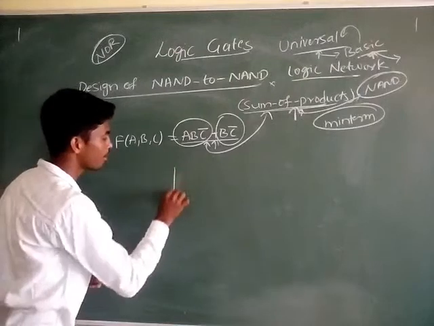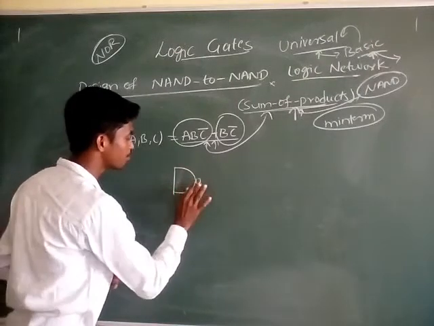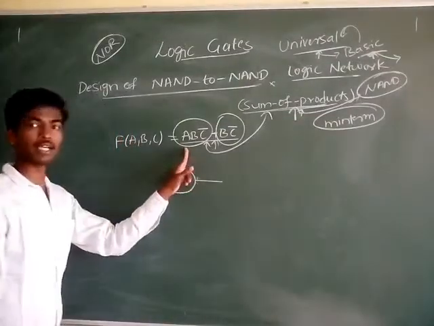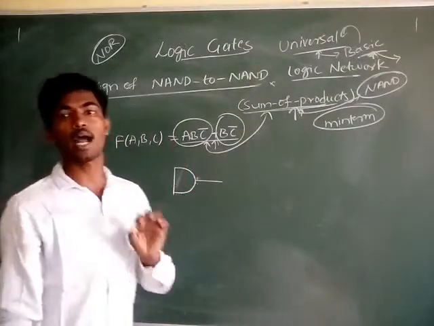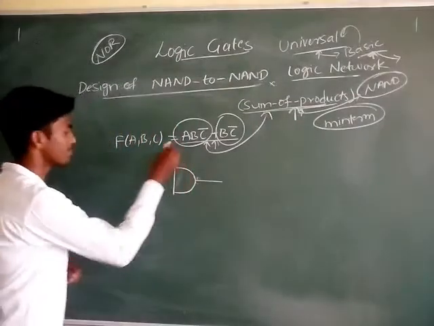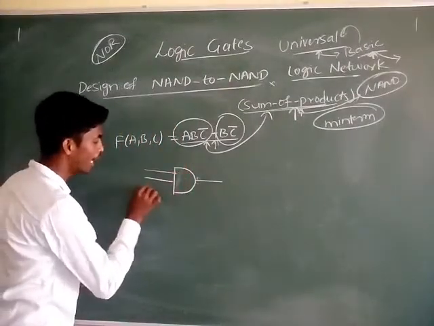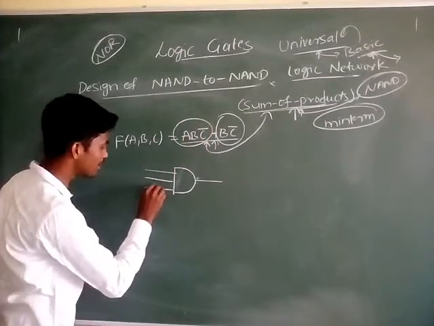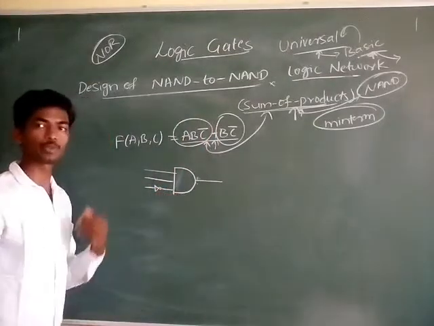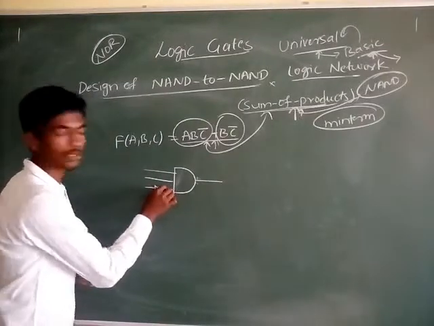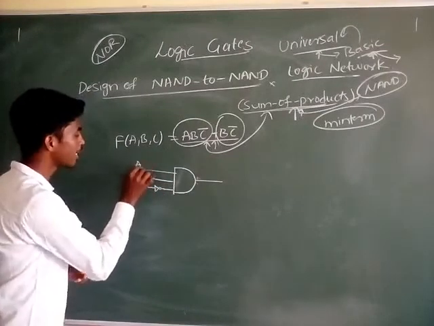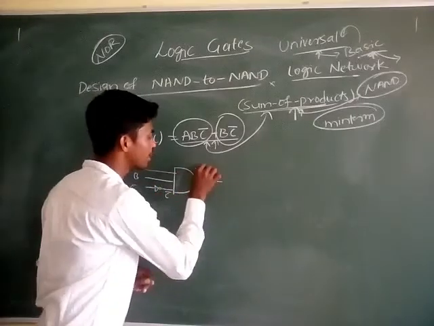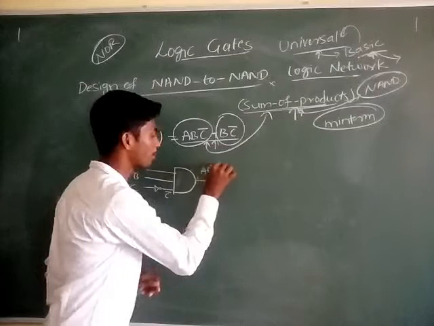For that reason, we have to include one AND gate with three inputs, that is A, B, and C. C complement is there, so we have to insert the NOT gate between the input line and the AND gate. So A, B, and C complement we will get. Finally, we will get A B C complement.